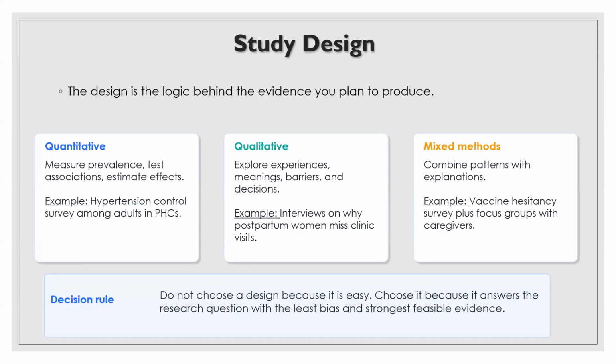But there are some things you are not able to measure quantitatively, like people's experiences. You may not be able to measure people's experience. I remember one study we did where we were exploring youth's experiences during violence.